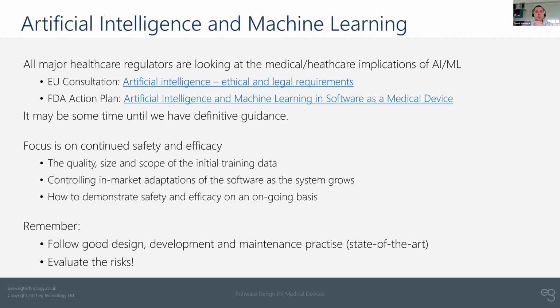There are consultations out at the moment, or I think the EU one might have just closed, but the EU are consulting on how to regulate artificial intelligence. The FDA have consultations open, and have put out action plans specifically for software as a medical device, which incorporate artificial intelligence and machine learning.